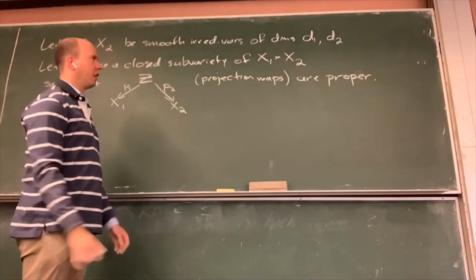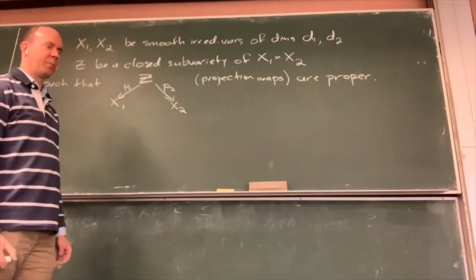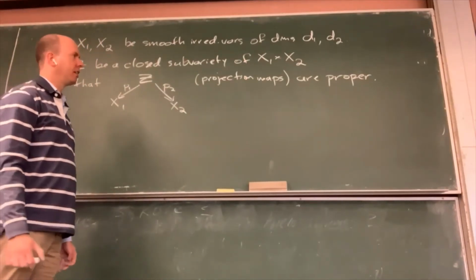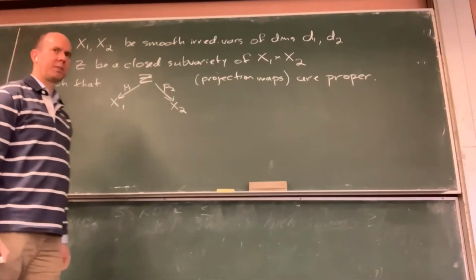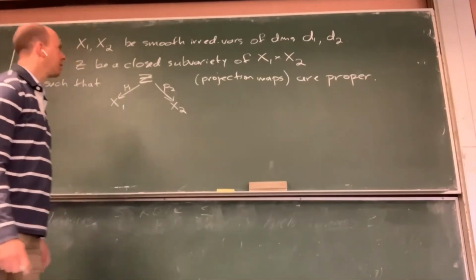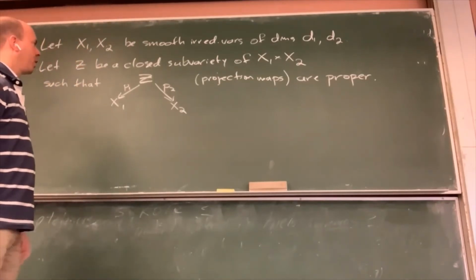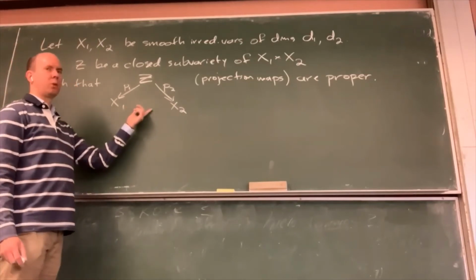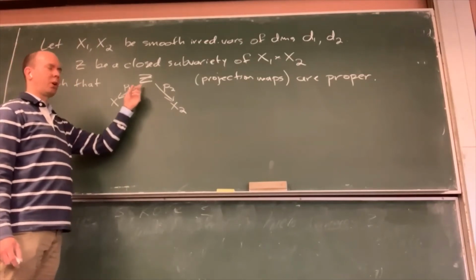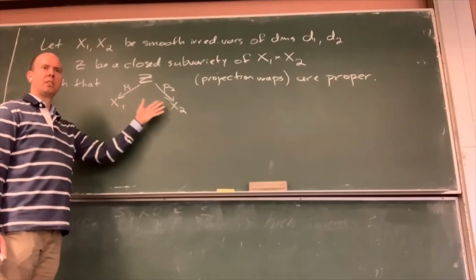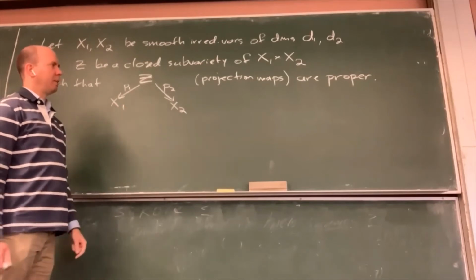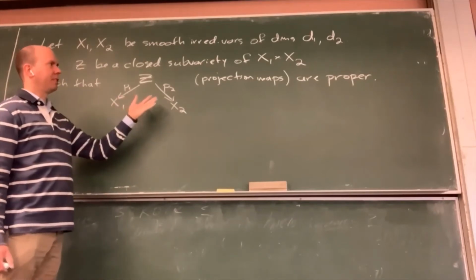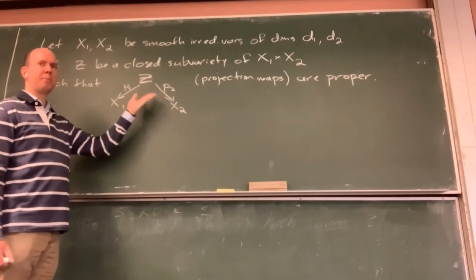So I've assumed quite a lot here, not all of which is going to be needed for what I'm about to say immediately, but this is the setup that we'll use in the application I'll get to. Algebraic geometers might call the variety Z itself a correspondence from X1 to X2. They might have slightly different assumptions that they wanted to make on these maps.